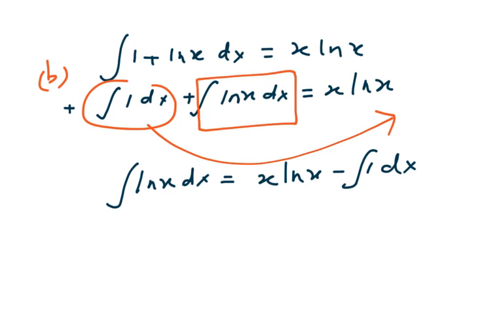From here, positive, when you move over, it becomes negative. Solving this will be easy now. So x ln of x minus integration of 1 will be equivalent to x. Lastly, plus c. So that's the solution for part B.